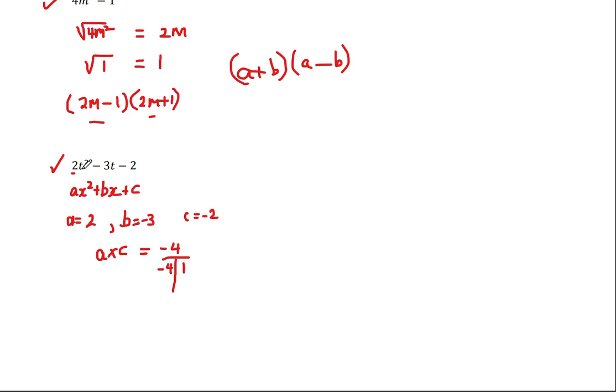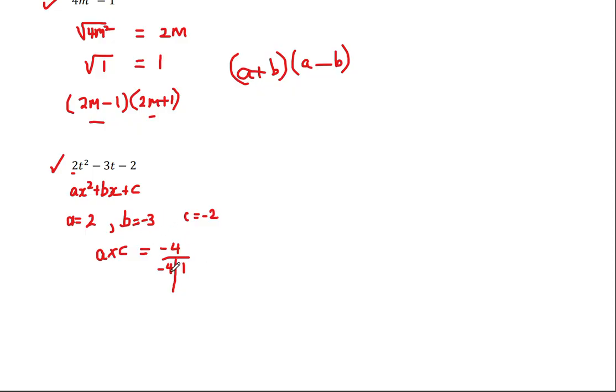So again, when you're factorizing a quadratic equation in standard form, write down the values of A, B, and C. Then multiply A by C. Draw a little t, if you will. Then find two numbers that multiply to give you the value of AC, but importantly, when you add those numbers, you must get B.